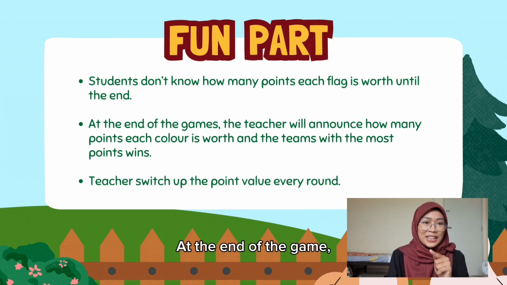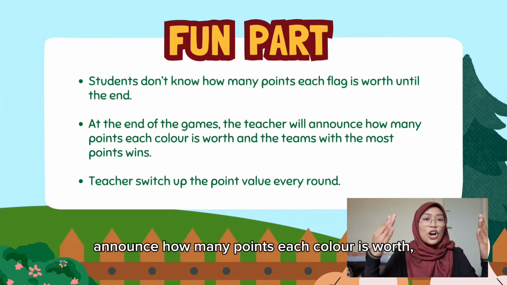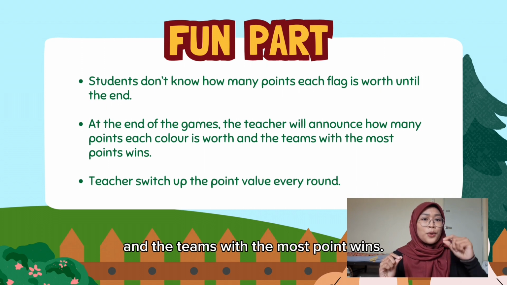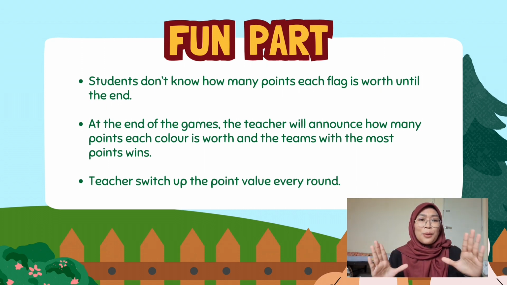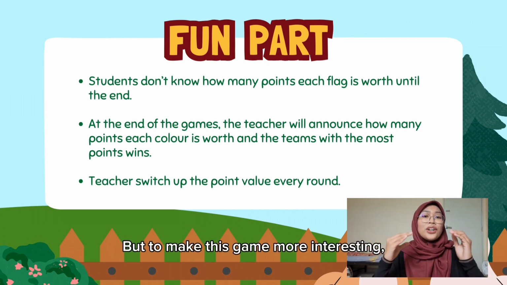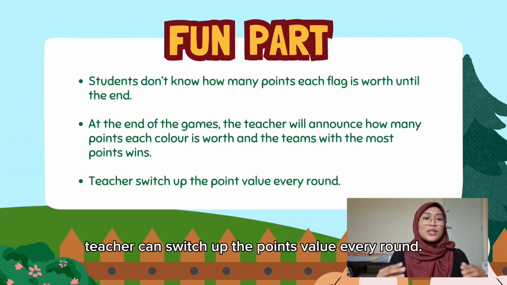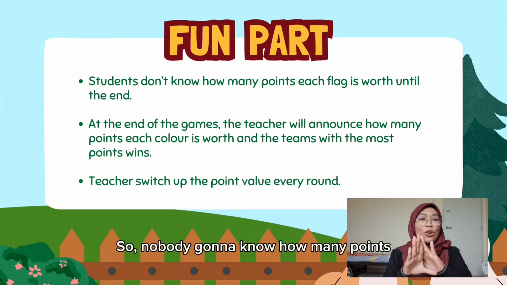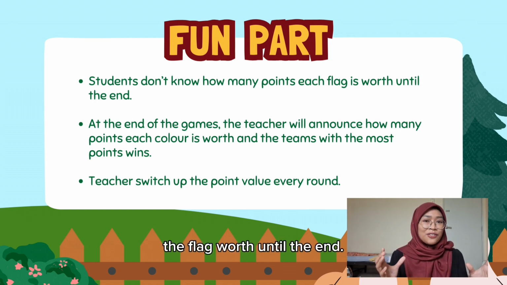At the end of the game, the teacher will announce how many points each color is worth, and the team with the most points wins. To make this game more interesting, the teacher can switch up the point values every round, so nobody knows how many points the flags are worth until the end.